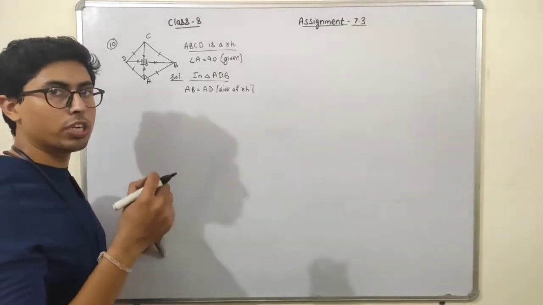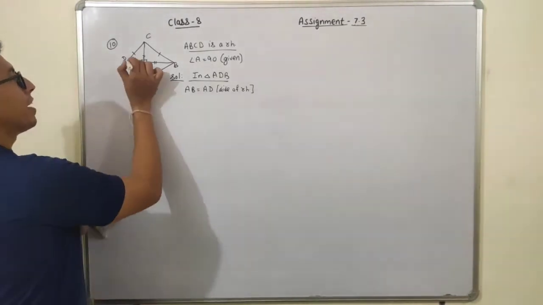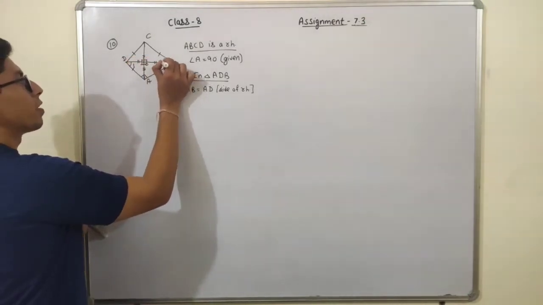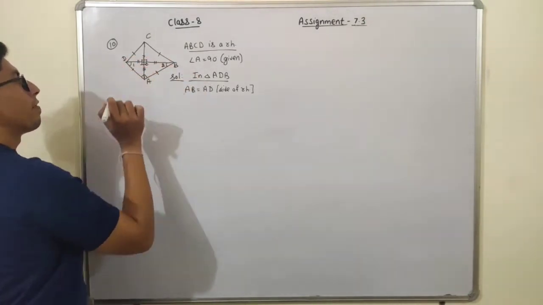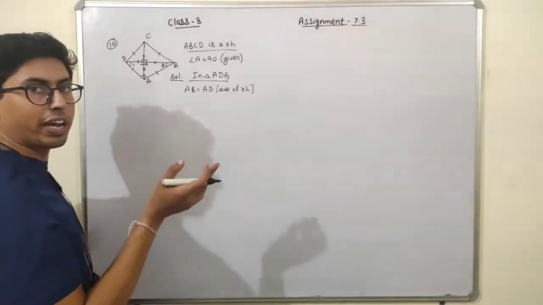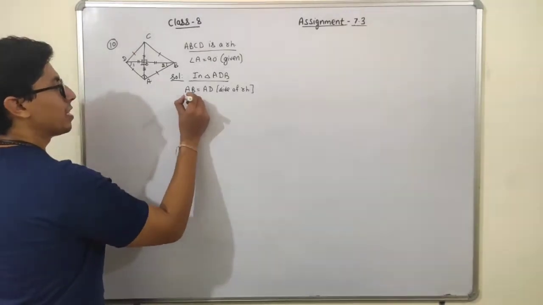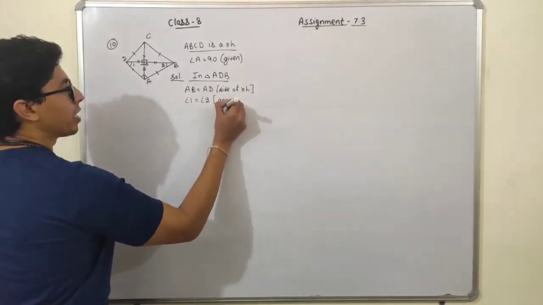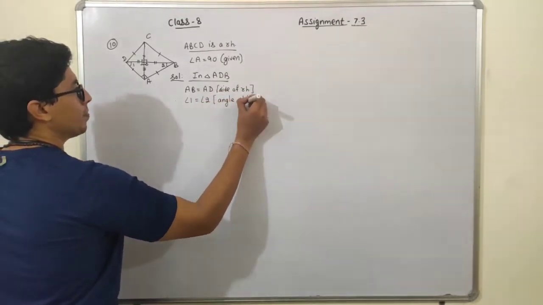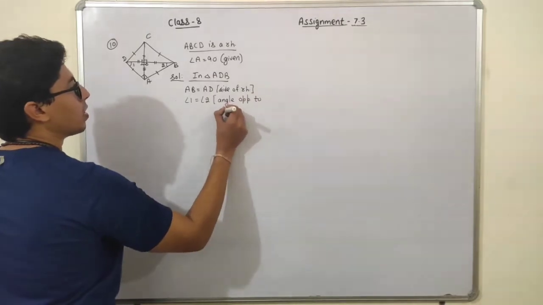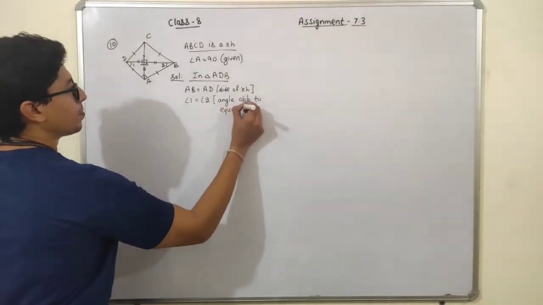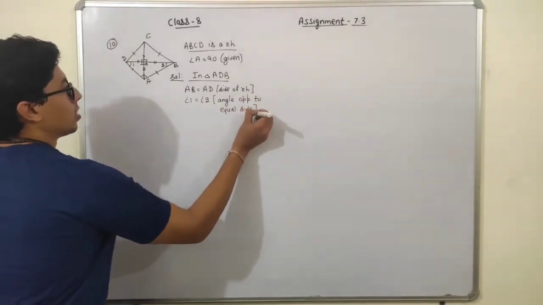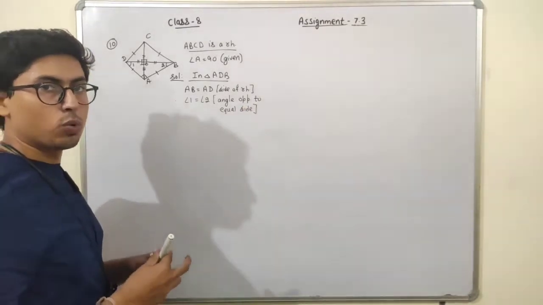If I name these two angles as angle 1 and angle 2, therefore I can say that angle 1 is equal to angle 2, angles opposite to equal sides.